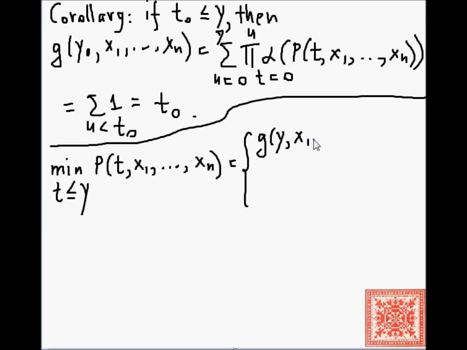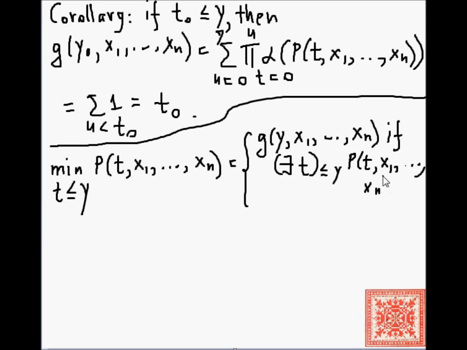The bounded minimalization is equal to the value of g y x1 through xn if there exists a t less than or equal to y for which p t x1 through xn is equal to 1. Otherwise, it gets the default value of 0.